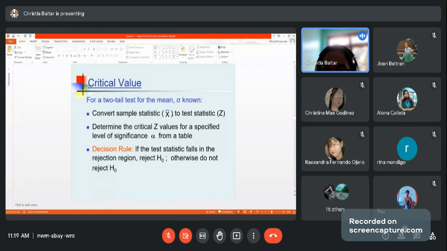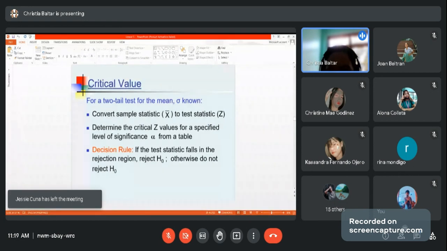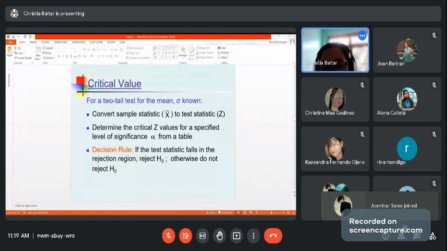This is actually following the central limit theorem, where values are standardized using the z formula. Then we determine the critical value of z using the area of a normal curve. I now remember that I require you to have a copy of your Z table. Do you have your Z table with you?